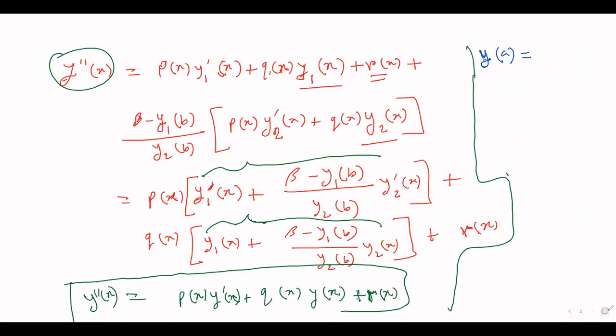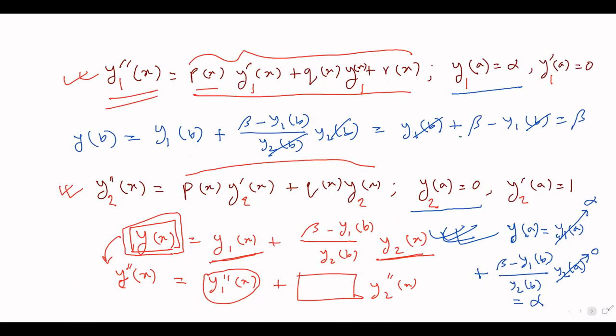So somehow this is working, right? What we originally had is a boundary value problem with two boundary conditions at the two given points. We introduced two initial value problems, of course with different initial conditions.